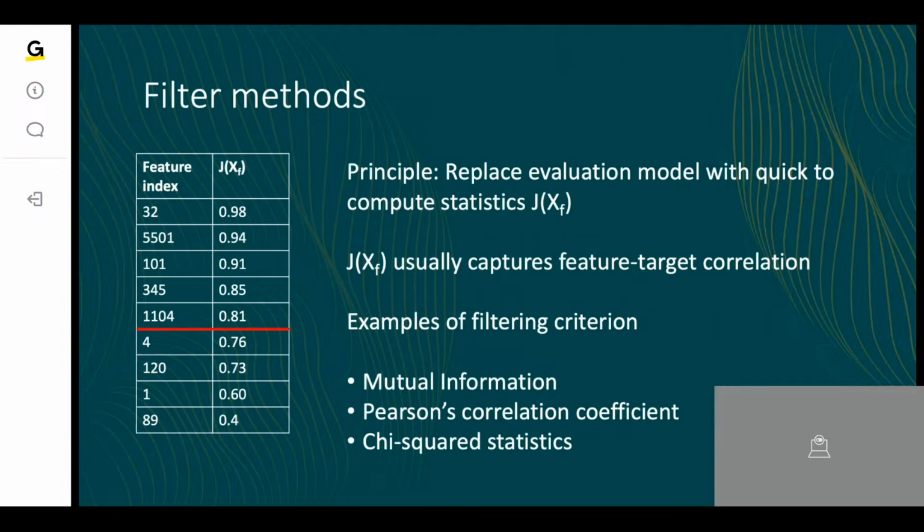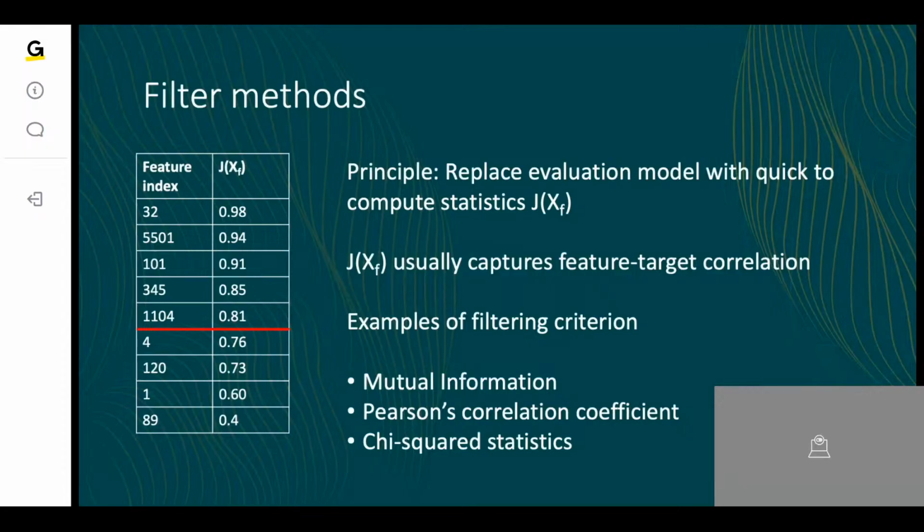The next set of methods are the filter methods, where essentially you have a statistic, let's say J, for each of the features, and you try to figure out the goodness of that feature for a given feature. So, for example, in this particular example, the goodness of feature number 32 is 0.98, and then you order them in decreasing order of their goodness, and then you decide what your budget is.